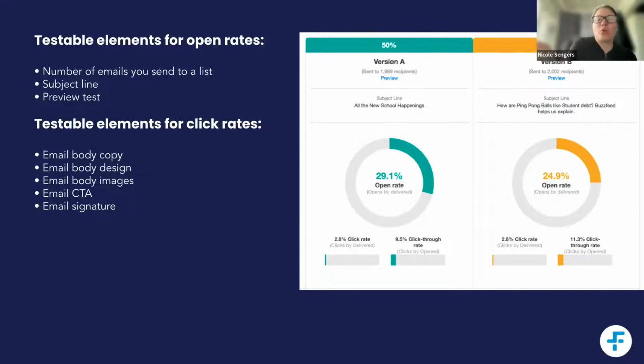So if you change the order of the images, the copy, the design, all of those can be used to test for click-through rates. So in terms of the number of things that are really easy to execute, an email A/B test is really quick and easy to actually execute.